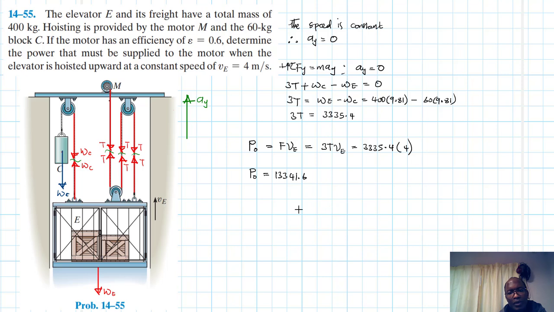watts. But we have been told that the efficiency is 0.6, so we know that efficiency is just equal to P out divided by P in. Therefore the P in is what we are looking for. This is the power supplied to the motor.